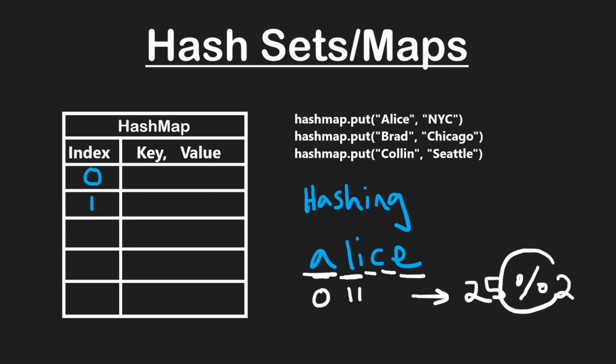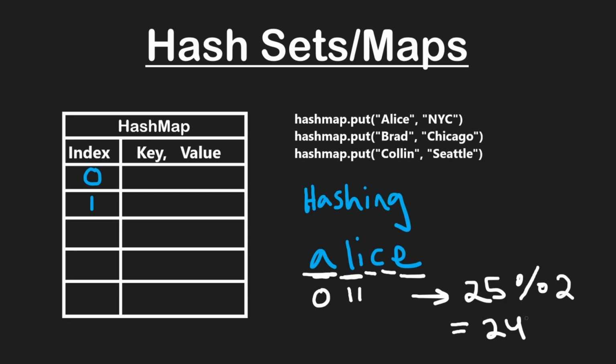If you're not familiar with modding, we're basically dividing 25 by 2, and we're getting the remainder that's left over. So in this case, 2 can keep fitting into 25 until we get to 24, and then if we add another 2, we're going to get to 26.